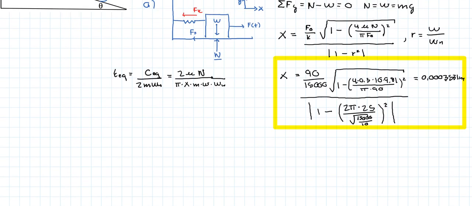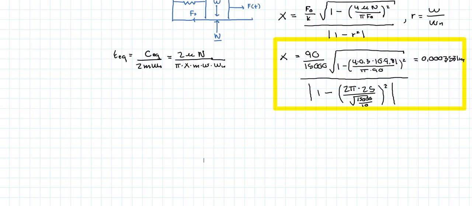And so we're going to plug in the values that we have. 2 times 0.3 times 10 times 9.81, again because the normal force is equal to the mass times the acceleration, divided by pi times the result that we had for the steady state amplitude, times 2 pi times 25.